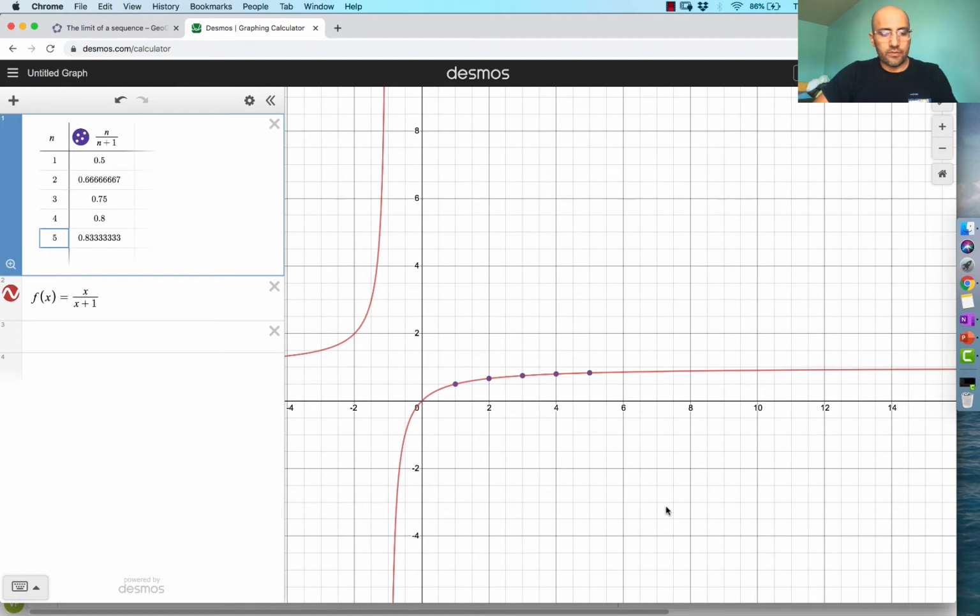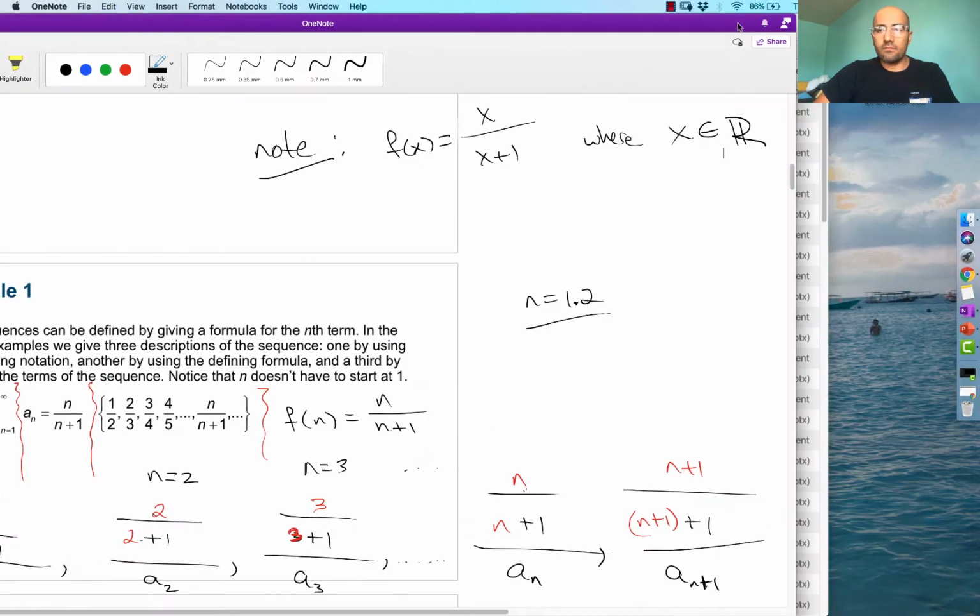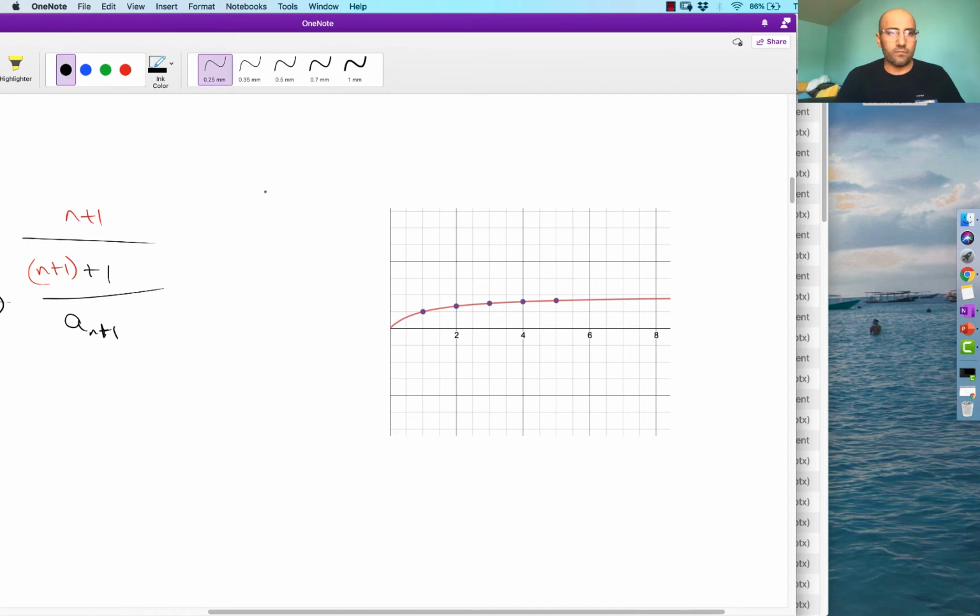So these ordered pairs right here become 1 comma 1/2. This is going to be the point 1 comma 1/2, and then 2 becomes 2 comma 2/3.